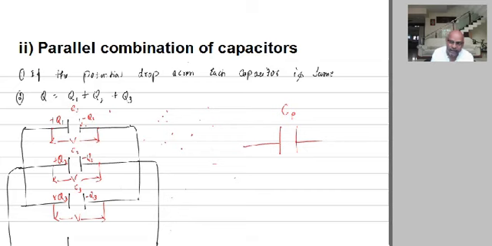Here the left plates are all connected common, and it is connected to the positive terminal of the battery. So the capacitors are said to be connected in parallel if one plate of all the capacitors are connected to one end and the other plates of all the capacitors are connected to the other end, and then we say that the capacitors are connected in parallel.